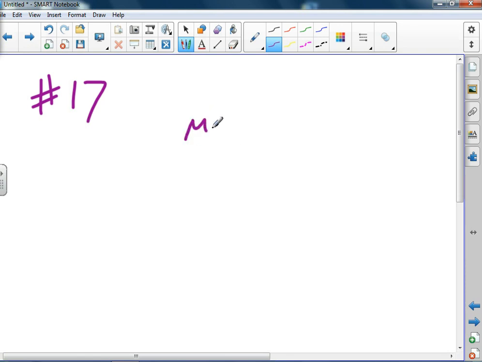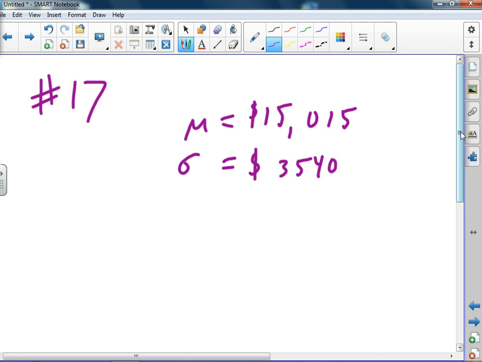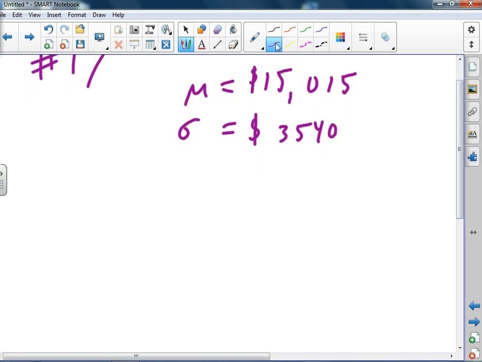So my mean for my borrowing is 15,015, and the standard deviation around that mean is 3540. I should go shoot myself, I'm so far away from that. That's a different issue. What is the probability that the debt for a borrower with good credit is more than 18,000?